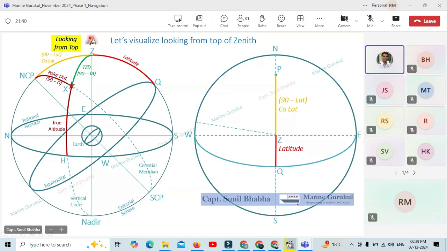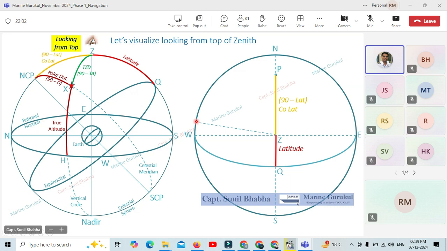Now, if you look from top, this vertical circle is also going to look like a straight line. And how will this look? From the zenith, you see this particular dotted line.